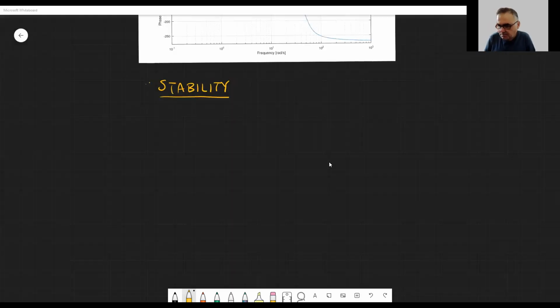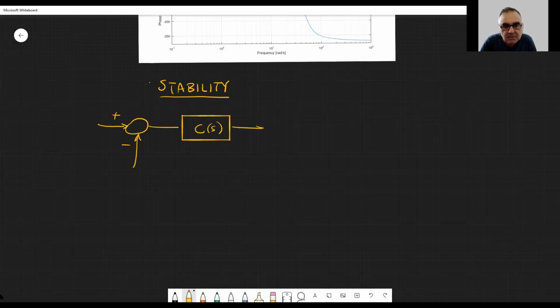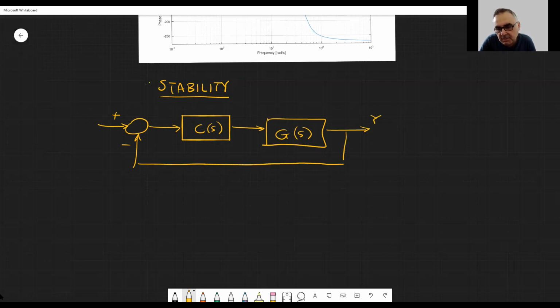Now, we have a feedback system with a controller, C of S, and a plant, G of S, output Y, with a feedback.